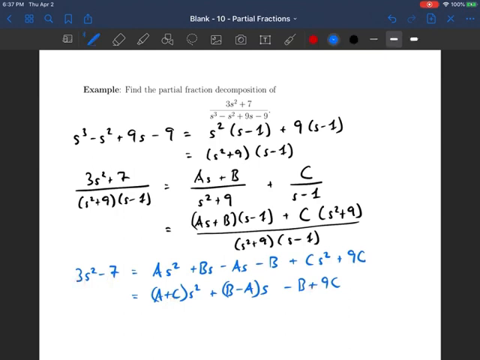Okay, so now we can just take the two sides of this equation and set the coefficients equal to each other. So the s squared coefficients on the two sides of this equation are 3 and a plus c. The s coefficients are 0 and b minus a.